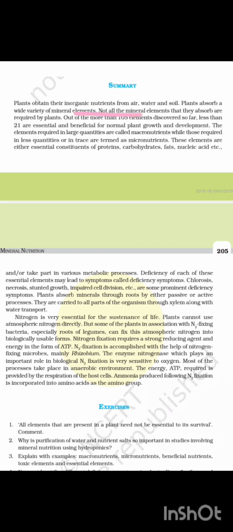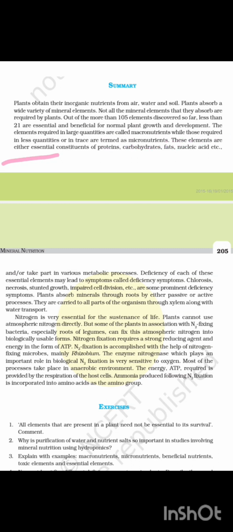Summary: plants obtain their inorganic nutrients from air, water and soil. Plants absorb a wide variety of mineral elements. Not all the mineral elements they absorb are required by plants. Out of more than 105 elements discovered so far, less than 21 are essential and beneficial for normal plant growth and development. The elements required in large quantities are called macronutrients, while those required in lesser quantity are termed as micronutrients.